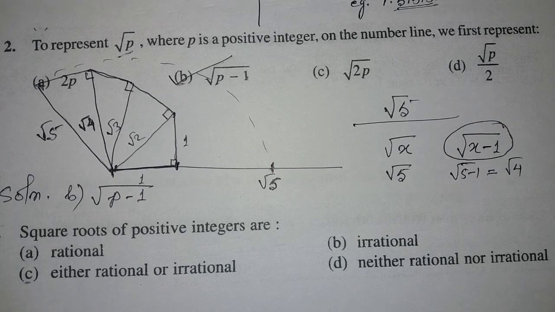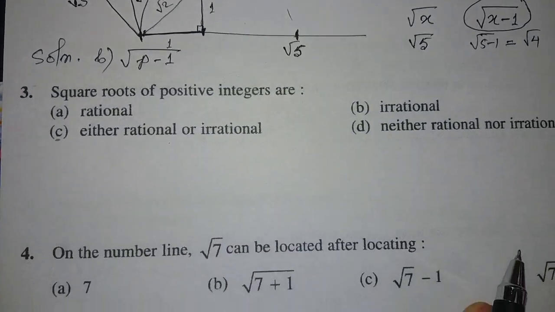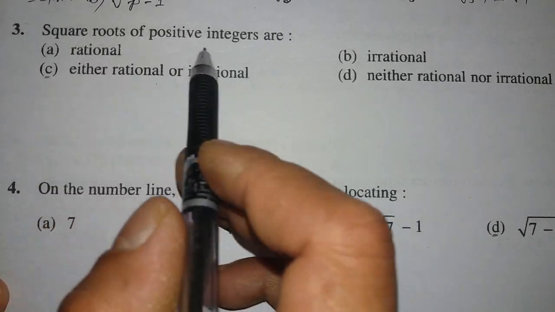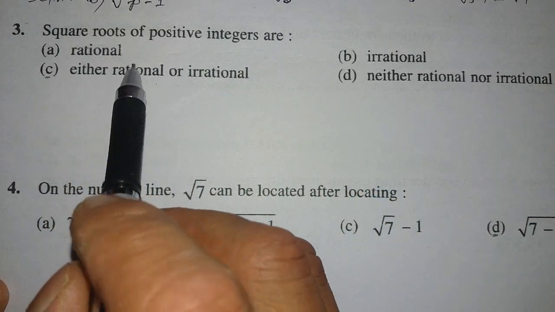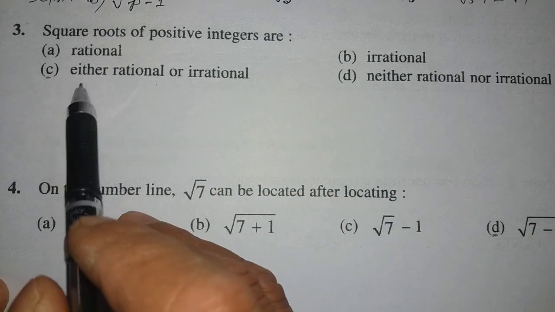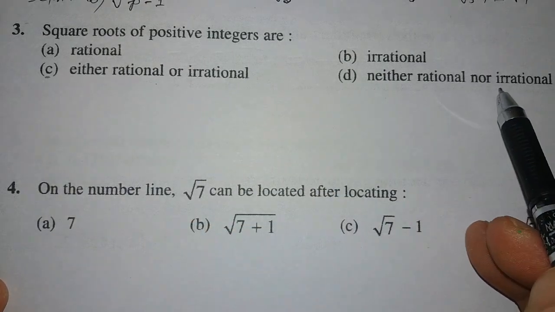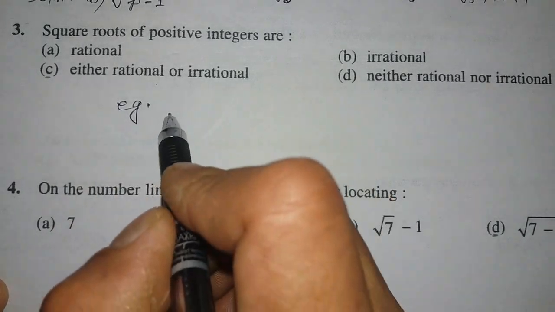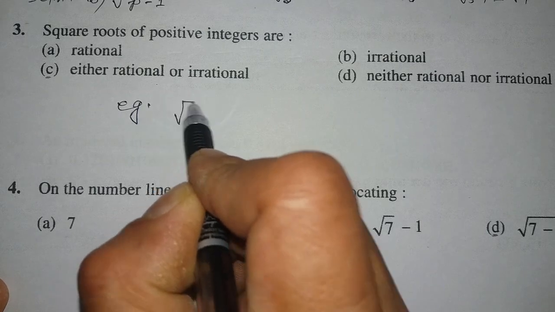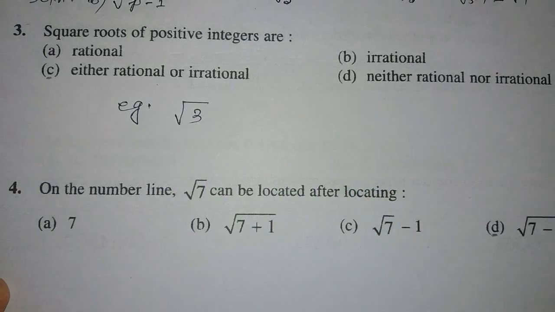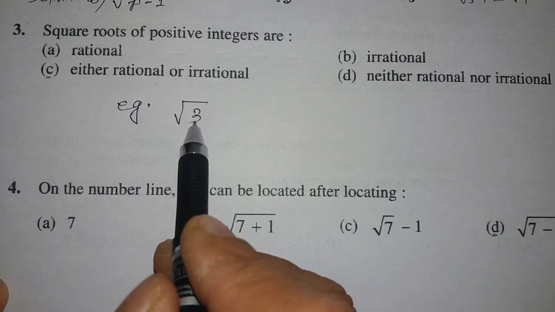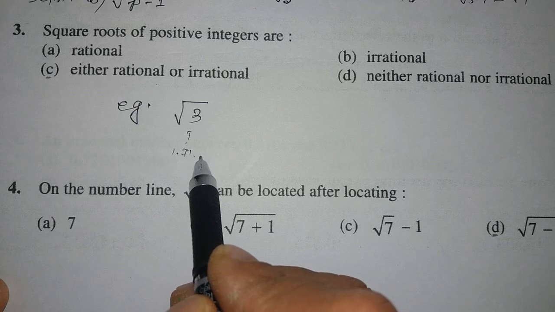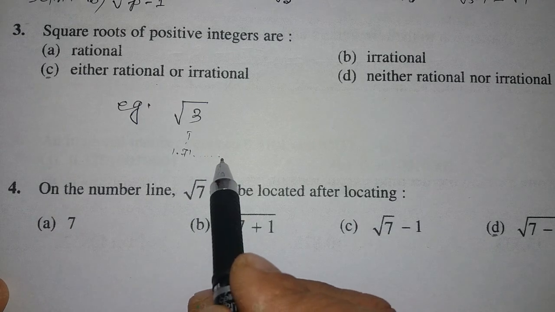Now we're moving on to question number 3. Square roots of positive integers are rational, irrational, either rational or irrational, neither rational nor irrational number. Okay, to understand this, let's say square root 3. Now this 3 is a positive integer. Square root 3 is an irrational number because it is 1.73 and keeps on going without ending, without terminating.